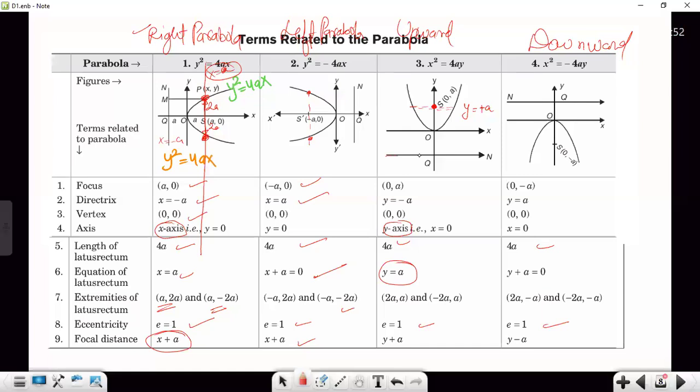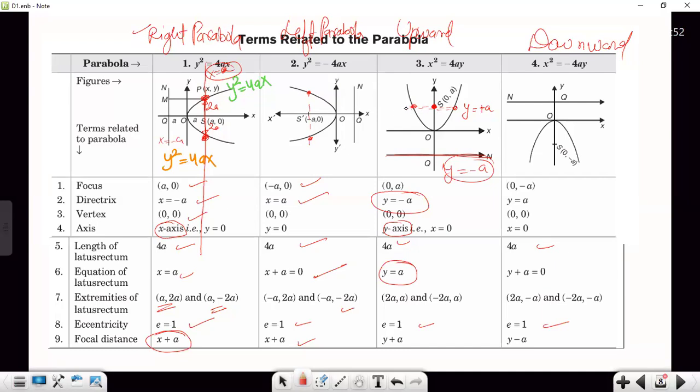The equation of the directrix changes. This becomes y is equal to minus a. And the vertex is (0, 0), of course. What else? The extremities: x will be positive here.